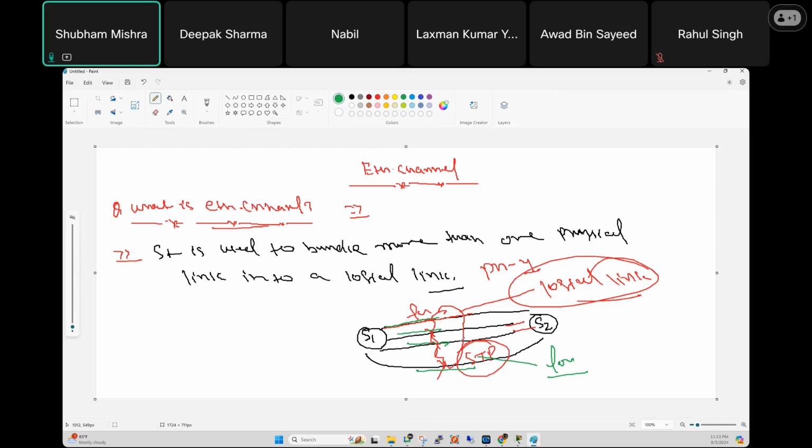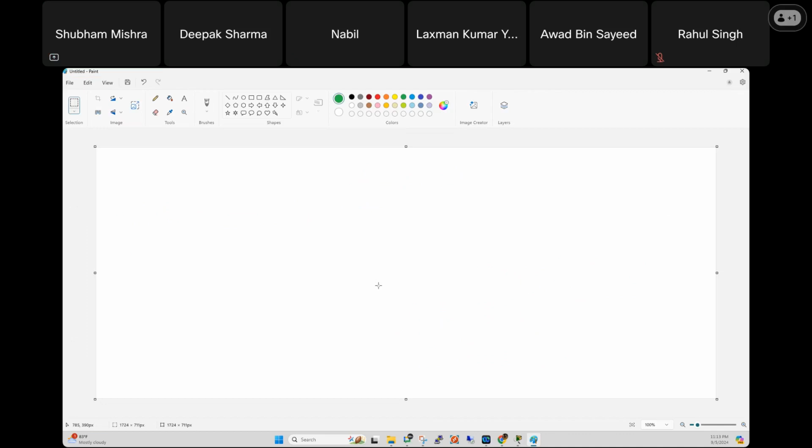So you will get the maximum throughput. So you can say EtherChannel provides the maximum throughput. Clear, everyone? Now the thing is, how does EtherChannel actually work?